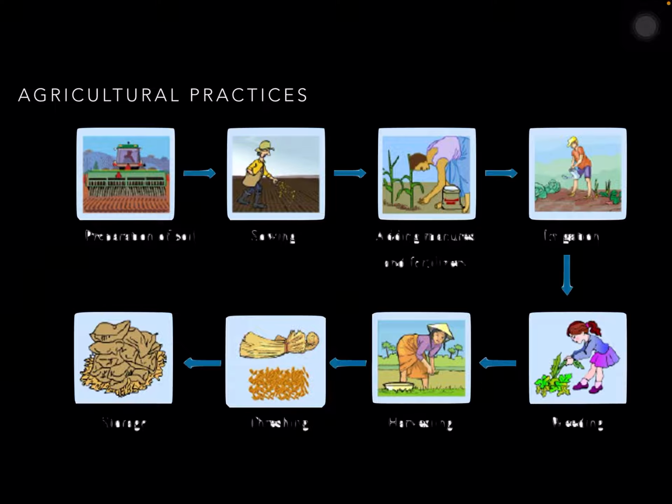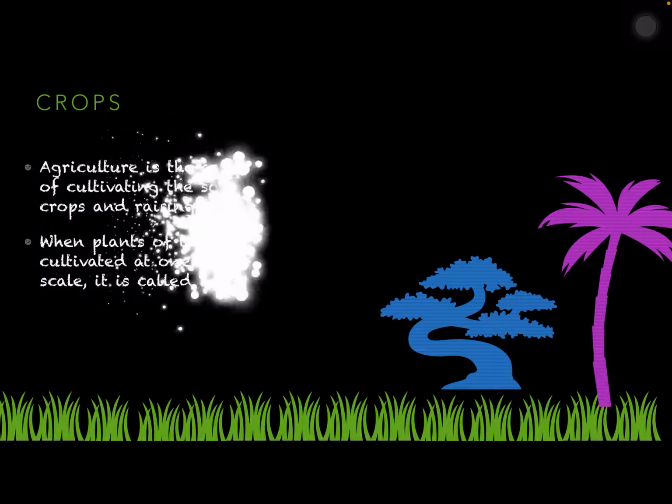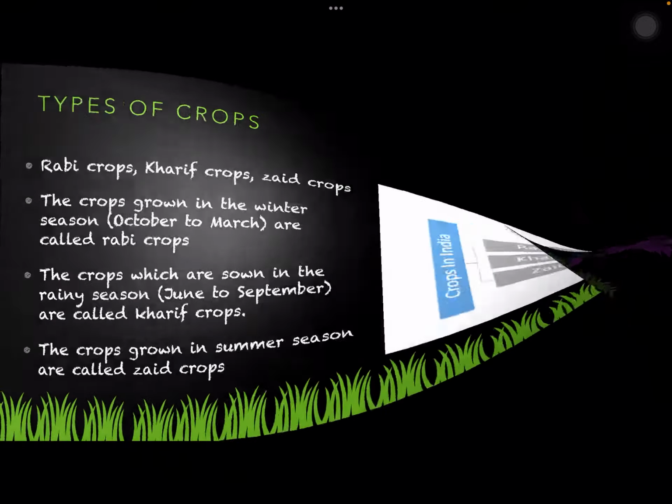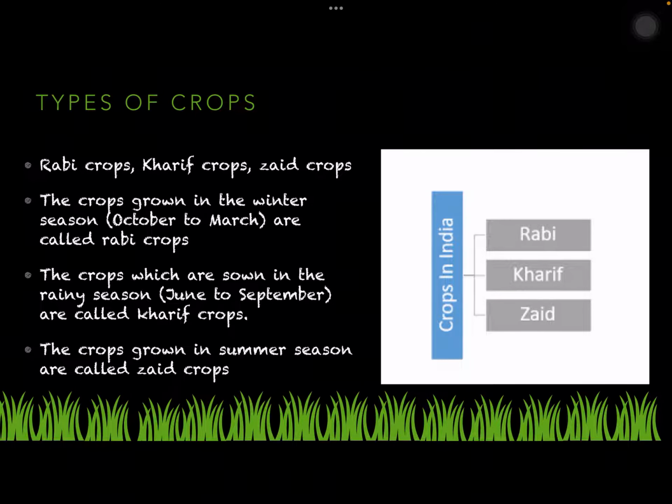We generally saw that Rabi crops are sown in October, harvested in March. Same way, Kharif sown in June, harvested in September. Now, in the gap of months, what do they do is a big question, right?